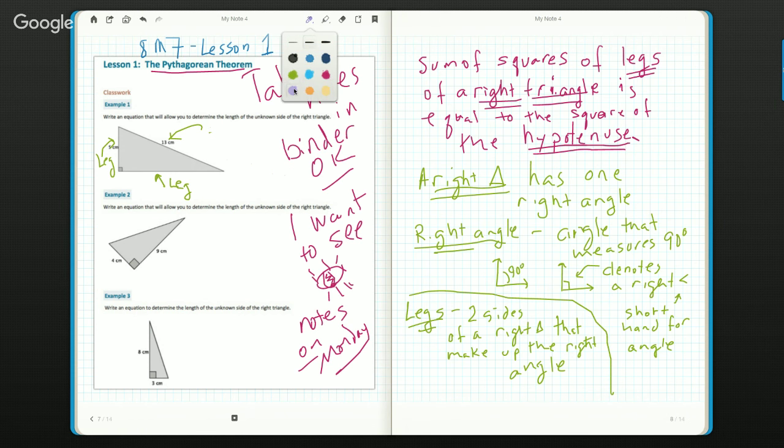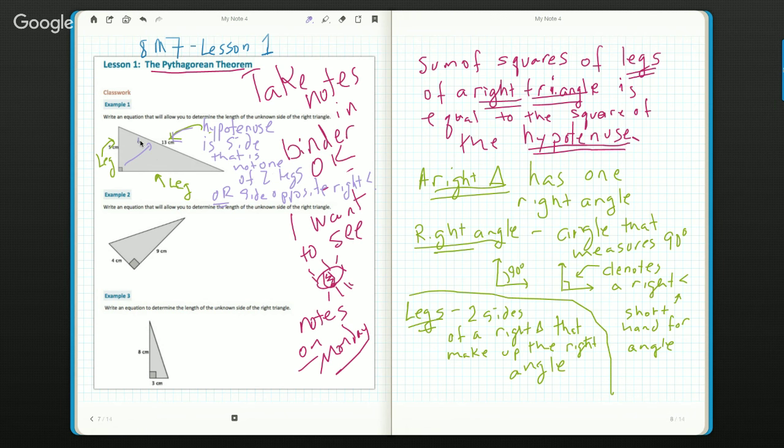Or otherwise, it is the side opposite the right angle. The side opposite the right angle. So if this is the right angle, then that is the side opposite.